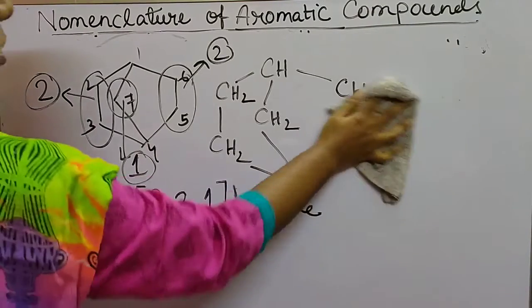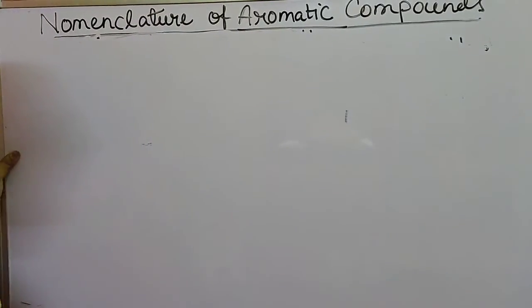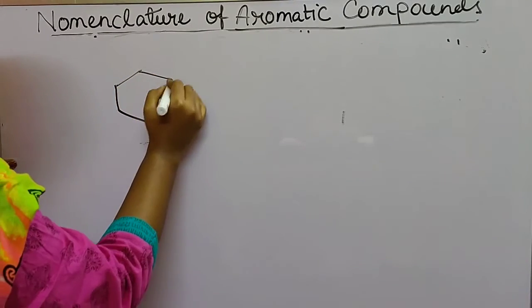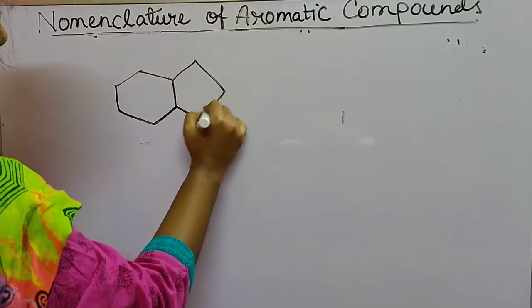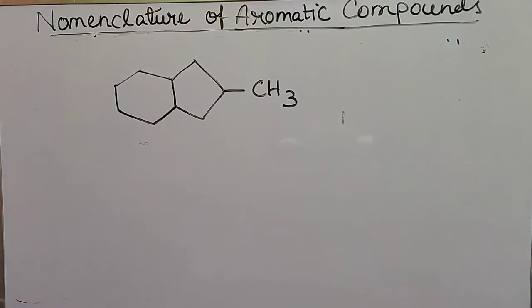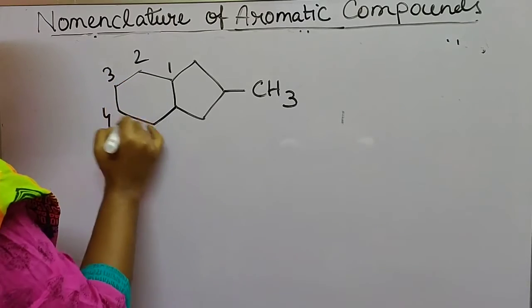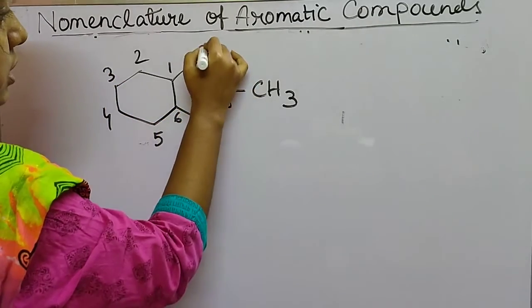Next, another compound of this type, a bicyclic ring, okay, so this type of compound. So here we have to start the numbering from here. 1, 2, 3, 4, 5, 6, 7, 8, 9.